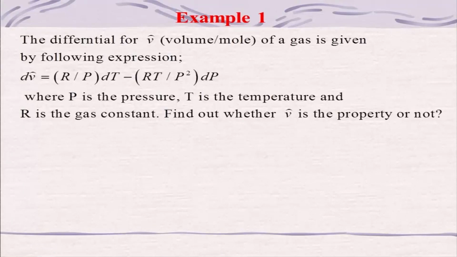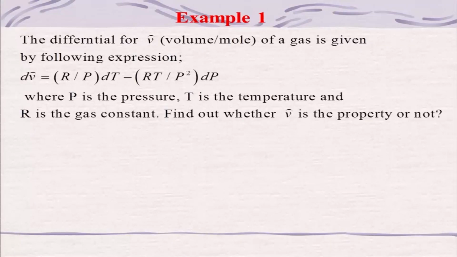Let us say that the differential for the volume, volume per mole, specific volume of a gas, is given by the following expression: dV = (R/P) dT − (RT/P²) dP, where P is the pressure, T is the temperature, and R is the gas constant.